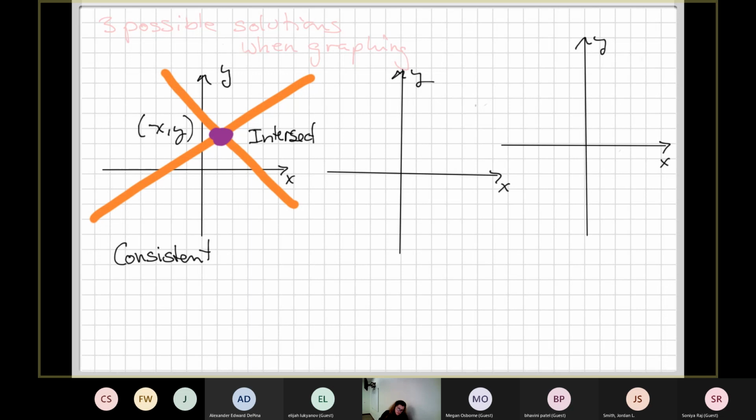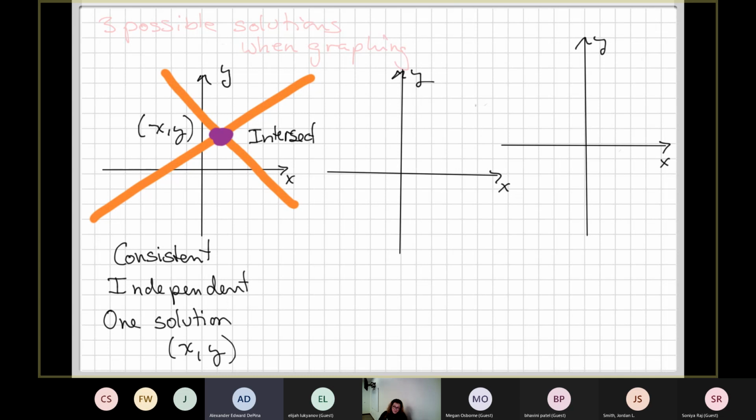The graphs are independent: one graph really has nothing to do with the other. They are both different, and there is one solution, and that one solution comes in the form of an ordered pair.